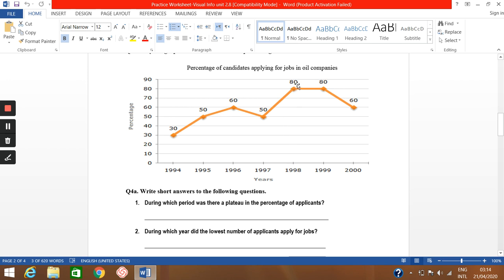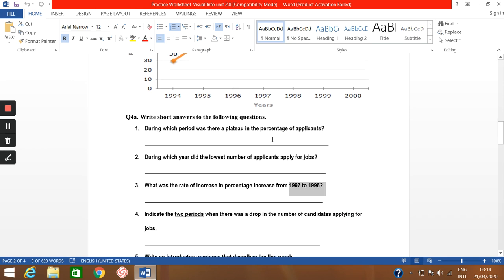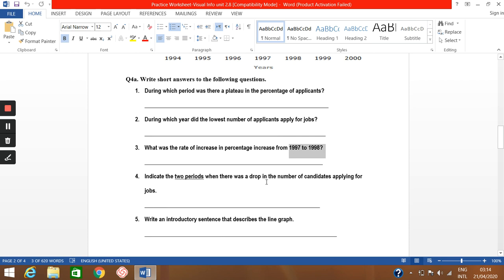So when you subtract 50 from 80, you will find that the increase, I mean, the rate of the percentage, is the difference between the year 1997 to 1998, which is 80 minus 50, which is 30%. Therefore, your answer for question 3 should be 30%.